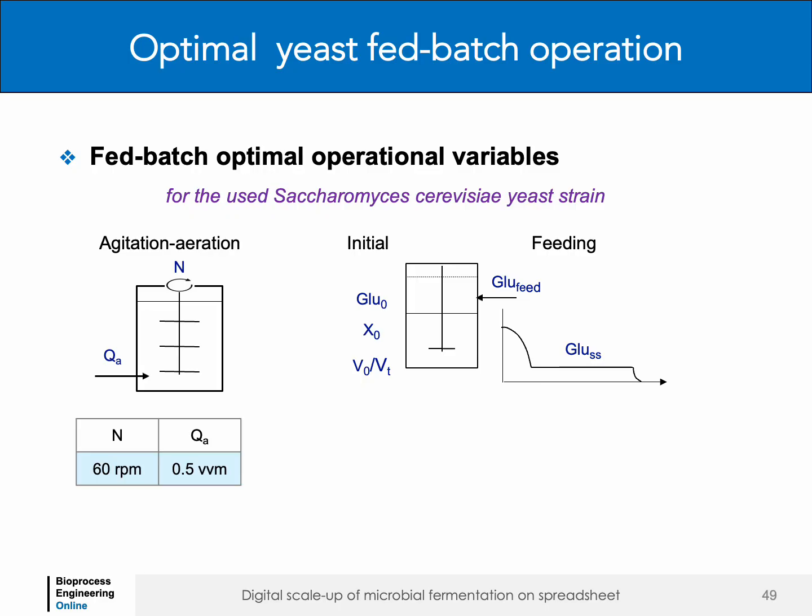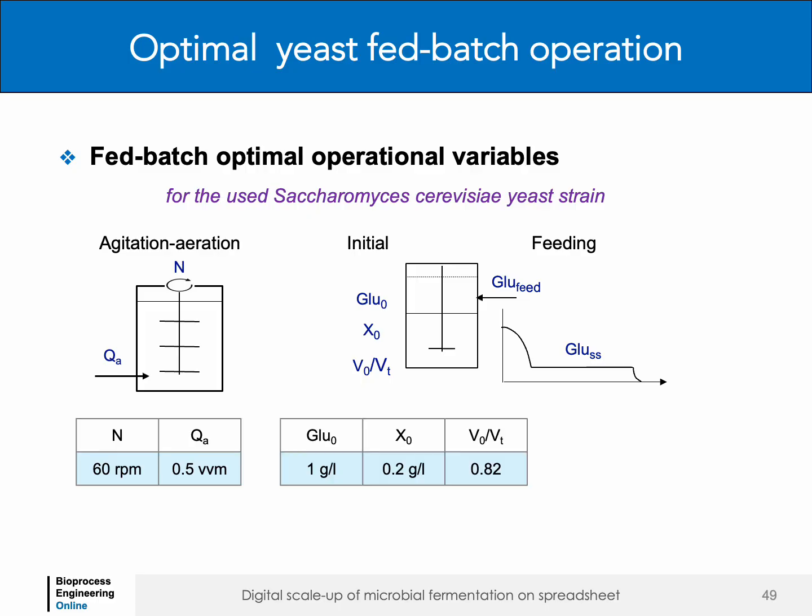The optimal conditions are a stirring rate N of 60 revolutions per minute, an airflow rate QA of 0.5 vvm, an initial glucose concentration GLU0 of 1 gram per liter, an initial biomass concentration X0 of 0.2 grams per liter, an initial medium volume fraction V0 over Vt of approximately 0.82, a feed glucose concentration GLU feed of 300 grams per liter, and a steady-state glucose concentration GLU-SS of 0.1 grams per liter.